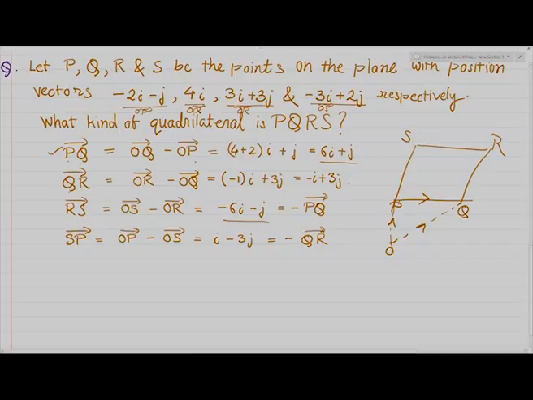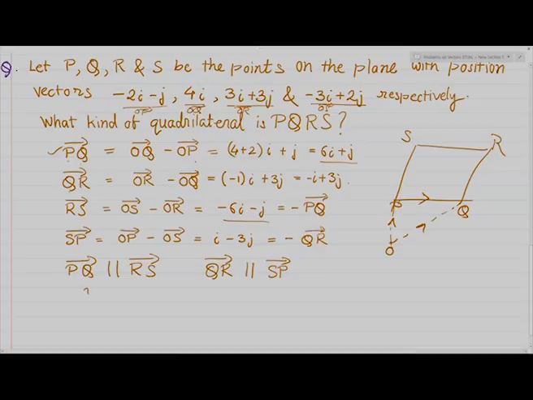So what we are saying is PQ bar and RS bar are parallel to each other, aren't we? In opposite direction. Similarly, QR bar and SP bar are parallel to each other in opposite direction.